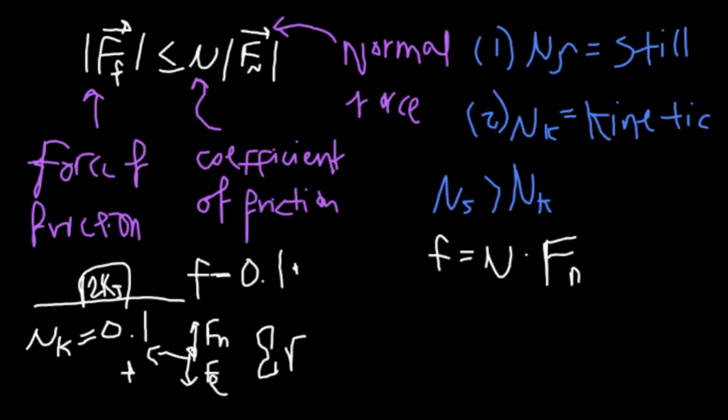So because there's no acceleration in the y direction, the normal force has to equal the force of the Earth, which is equal to the weight of the block. Right, so 2 times 10 is 20. And then we are left with the force of friction is going to be 0.1 times 20, and that is going to equal 2 newtons.